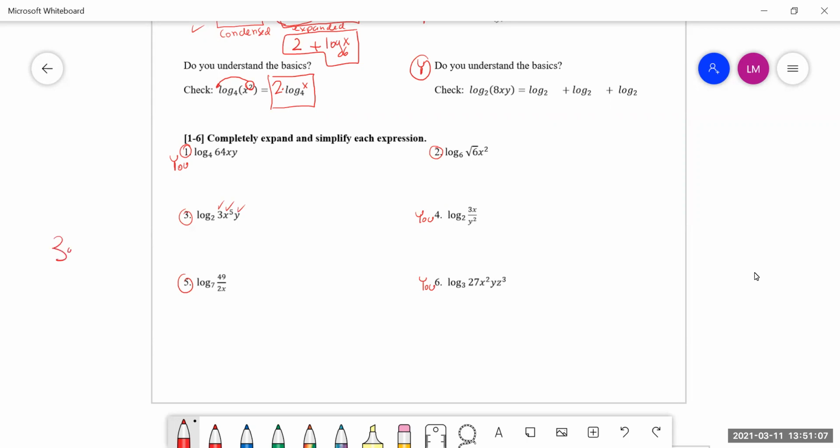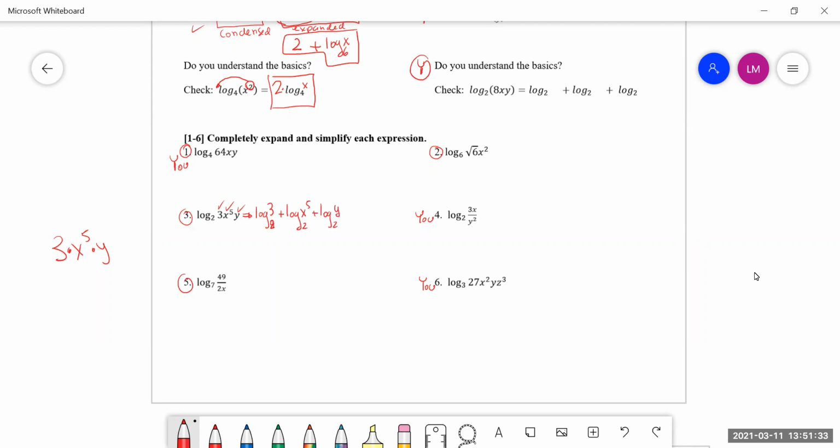It is 3 times x to the 5th times y. Their multiplication, I'm going to expand it into addition. It's going to become log base 2 of 3 plus log base 2 of x to the 5th plus log base 2 of y.